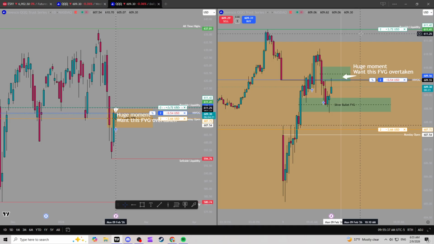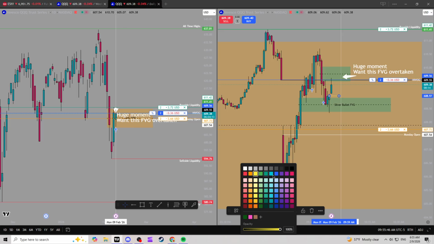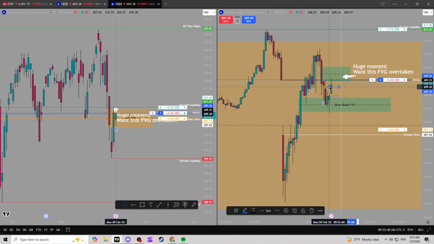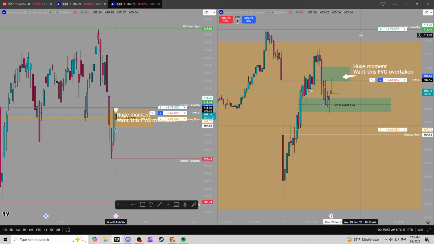So right now we're just ranging in between these two fair value gaps. We do have a volume imbalance right here. So let's see if price wants to refer back to that.